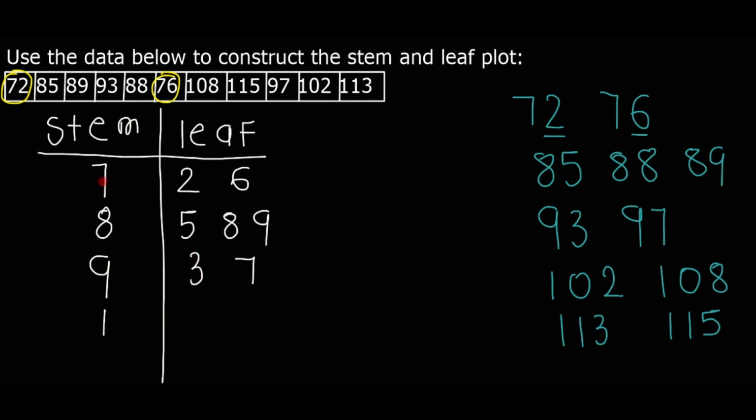You can see that they go in order 7, 8, 9, and then here I write 10, and then I write 2, and then 8, and then for 11 I write 3, and then 5, and then from there you show a key down below. So we know that 7 with 2 or 7 with 6 represent 72, not 7.2.